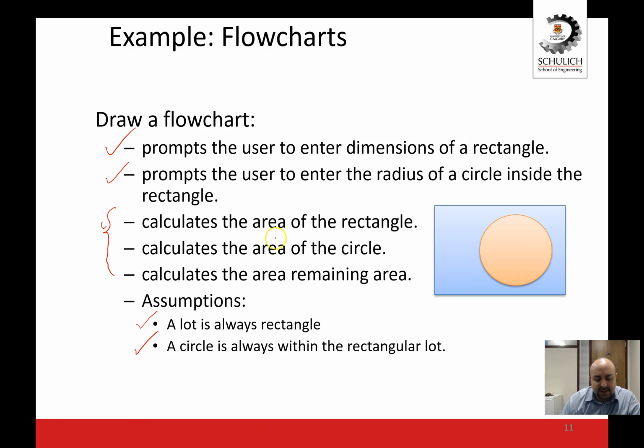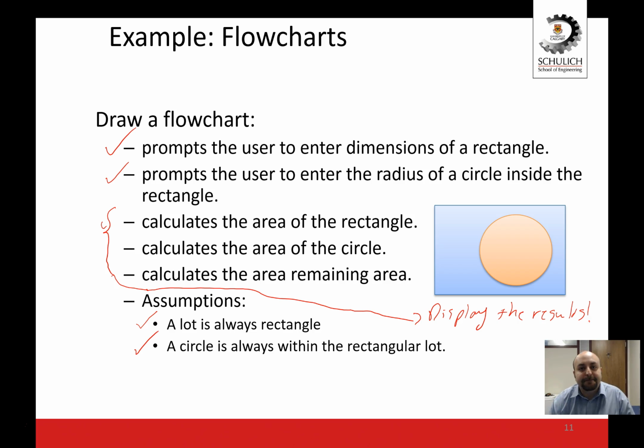You would calculate the area of the rectangle, calculate the area of the circle, and then calculate the remaining area. And one step that should be here is you need to display the results.